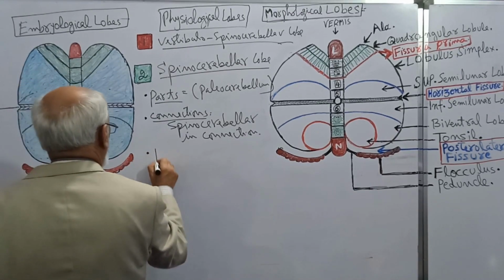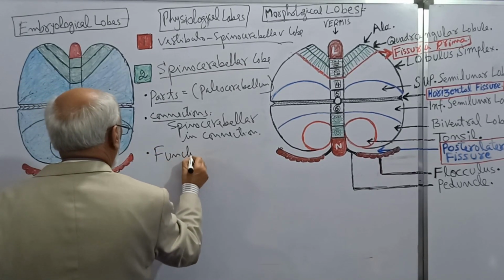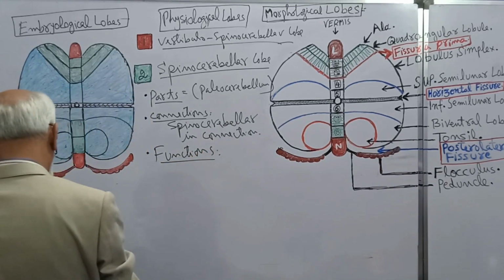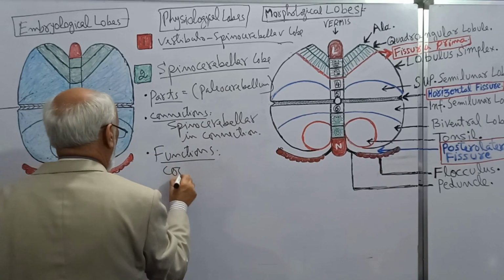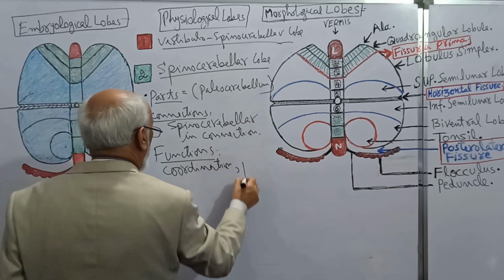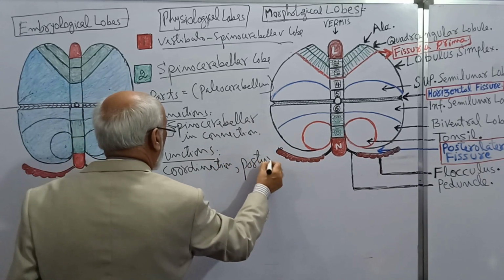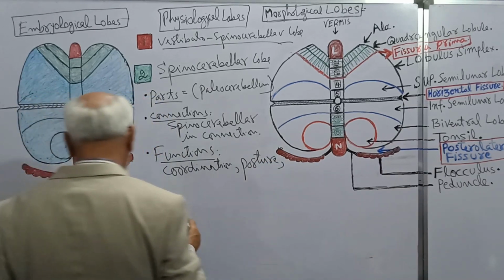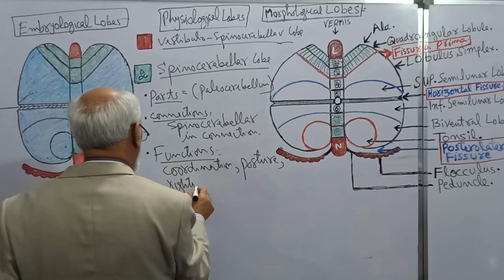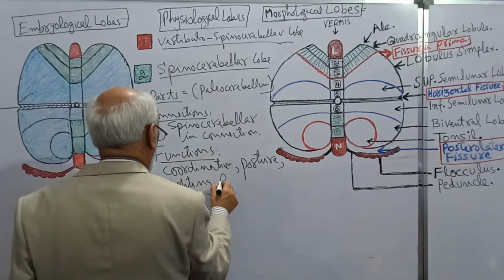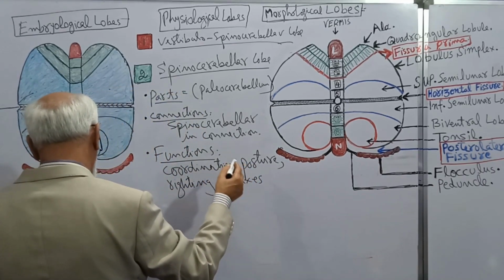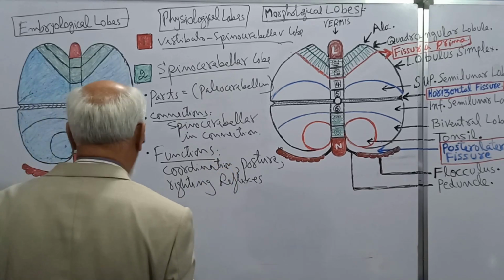Next, what are its functions? What are the functions of the spinocerebellar lobe? Coordination, posture, righting reflexes.